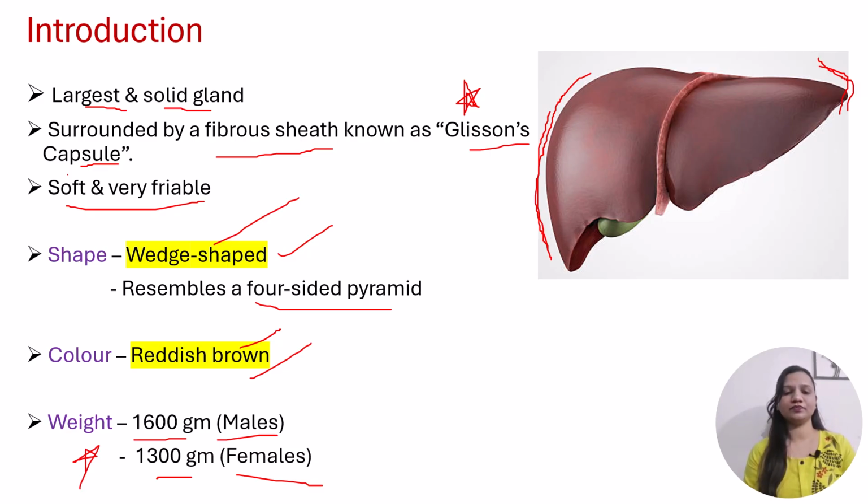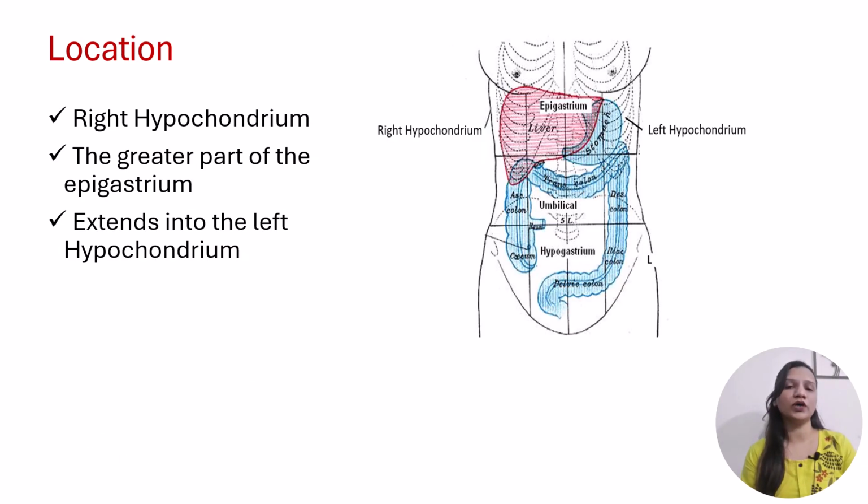Moving on, now we'll see the location of the liver, where it is exactly located in the abdomen. It is located in the right hypochondrium, the greater part of the epigastrium, and extends into the left hypochondrium.